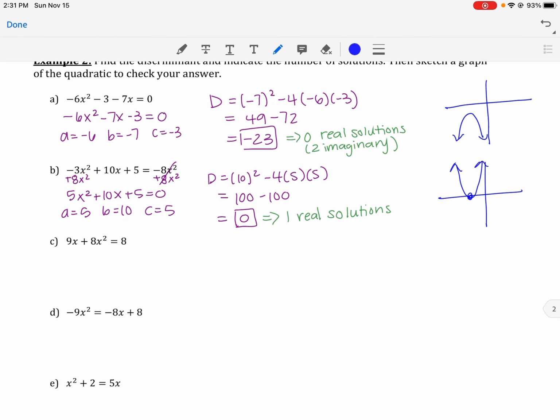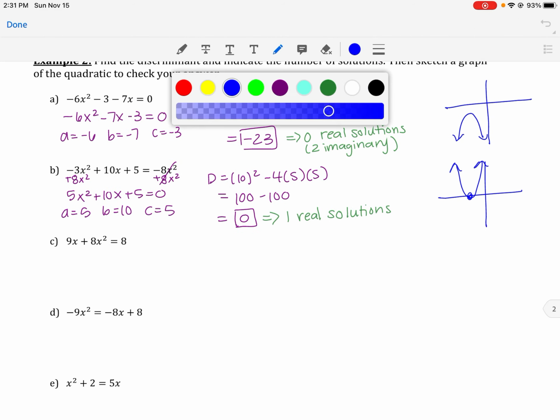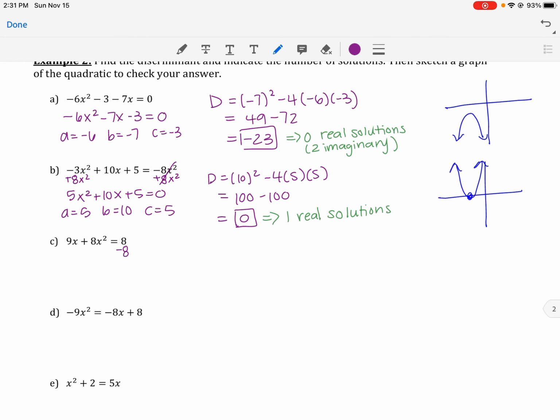Okay, next we've got not quite standard form, so let's set it equal to 0. I'm going to subtract 8 from both sides and rearrange it. So it's 8x squared plus 9x minus 8 equals 0. A is 8, B is 9, C is negative 8. So D equals 9 squared minus 4 times 8 times negative 8. 9 squared is 81.